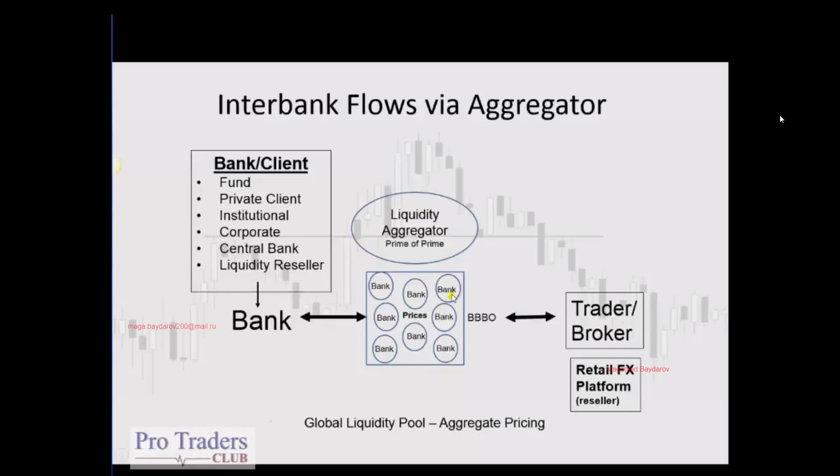You may have Bank A. Bank A may be offering $30. Bank B may be offering $30, and Bank C may be offering $40. So your liquidity can be filled by Banks A, B, and C, and you'll pull in that liquidity and get prices from the range of banks that are available at your price.